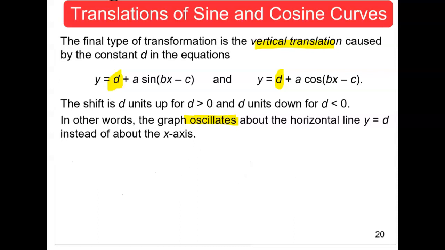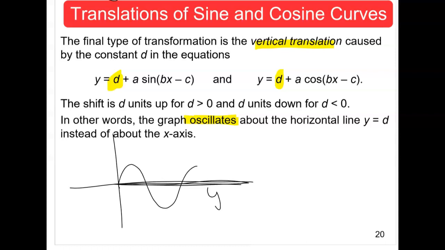And so what happens here is that when we don't have a vertical translation, the graph oscillates with respect to the x-axis, or the line y equals 0. But when we have a number different than 0 here, then our graph will oscillate.